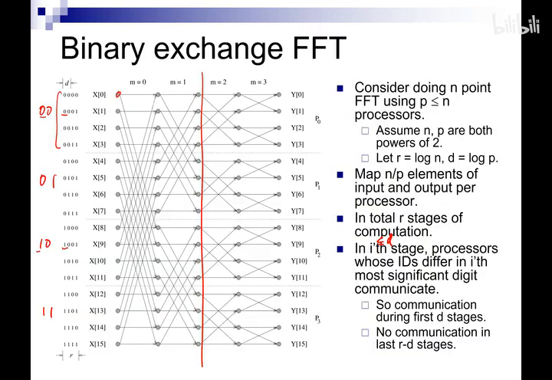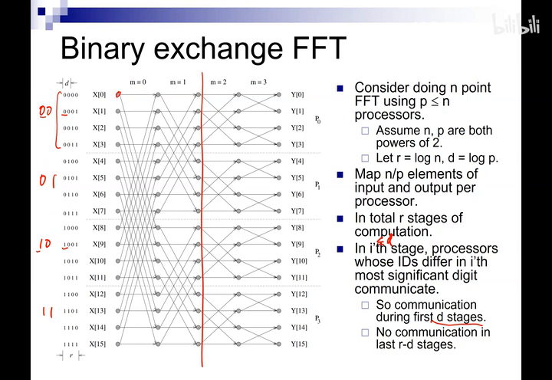Now, if you look at this binary exchange algorithm, the way you determine who you need to communicate with is exactly that you take each of these digits of the processor ID and then you flip them. In the first stage, you flip the first digit; in the second stage, you flip the second digit. So if you had a d-dimensional hypercube, you would do d stages of computation, flipping these d different bits.